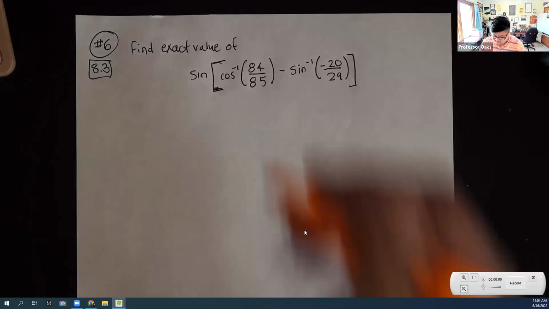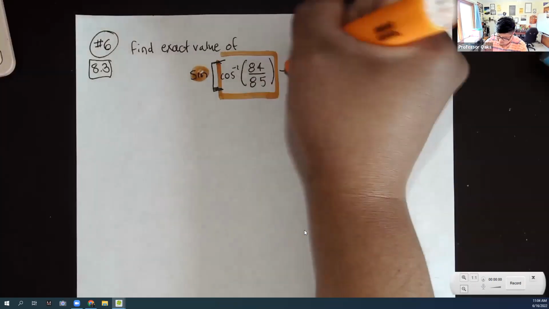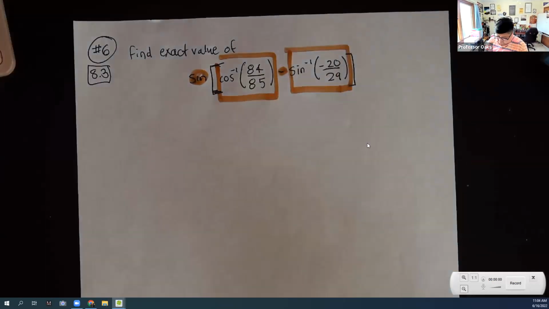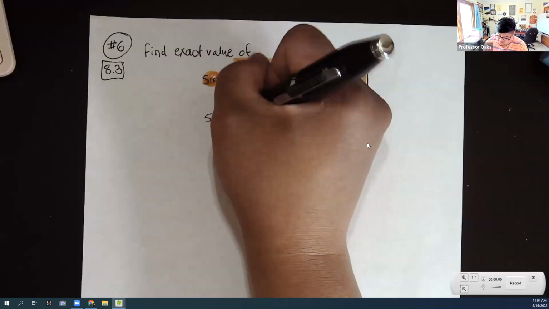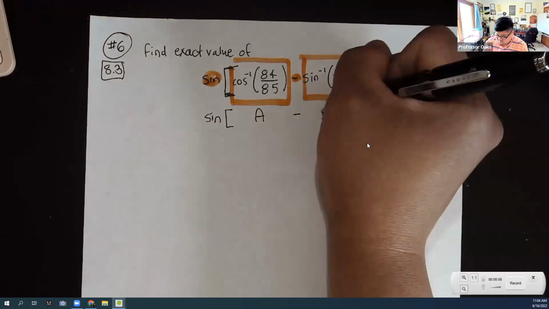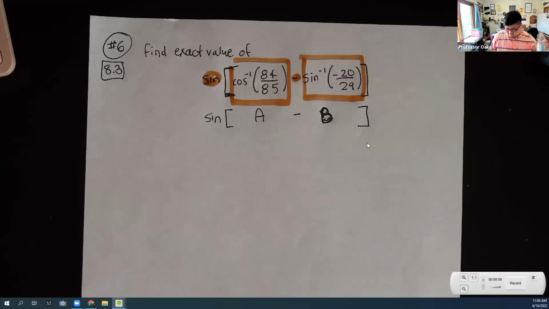Okay, so you have the sine of something minus something. So you have to think of it like sine of a minus b, whatever that is. It doesn't matter that it looks like this. That's unfortunately how it looks.